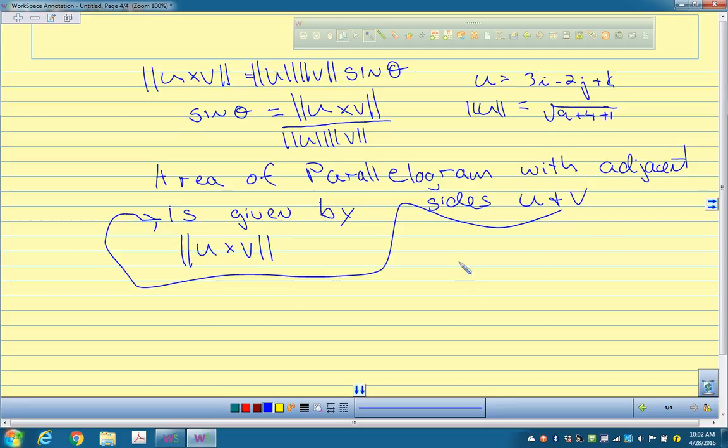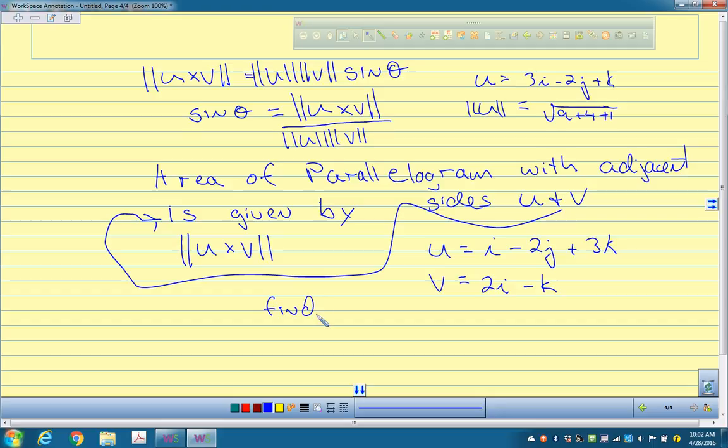So for instance, say I have U equals, let's make one up, i minus 2j plus 3k, okay? I'll make it easy. And V is equal to 2i minus k.